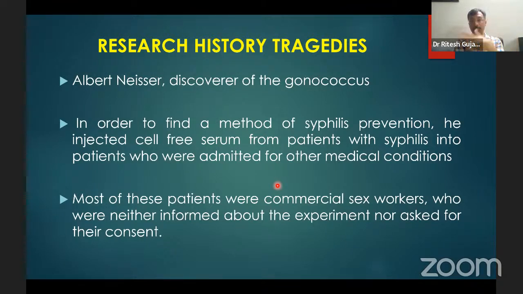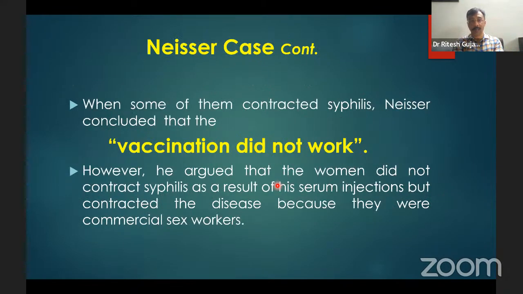It means all the patients were in the hospital for different medical conditions, but this researcher instilled the cell-free serum of patients with syphilis into their bodies without their consent. Most of these patients were commercial sex workers who were neither informed about the experiment nor asked for their consent. Now, when some of them contracted syphilis, he concluded that the vaccination didn't work.